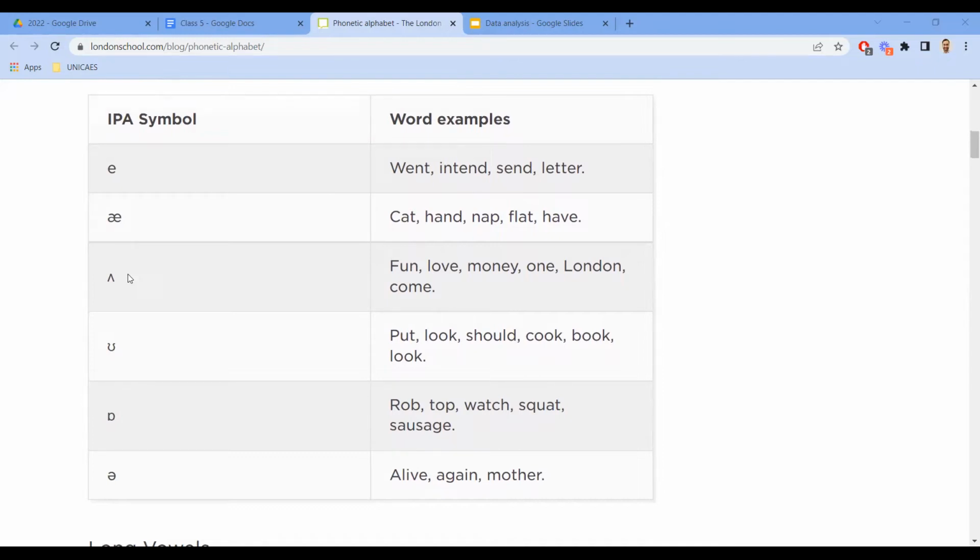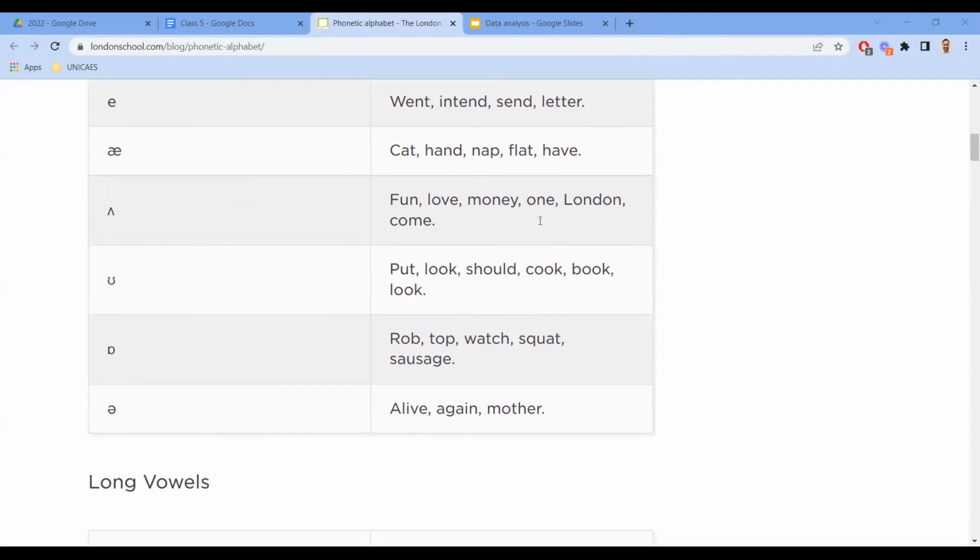Also, the IPA is included in Google Translator. In Google Translator, sometimes when you just write one word, Google also shows you the phonetic symbol. So that will help you a lot to identify each symbol.